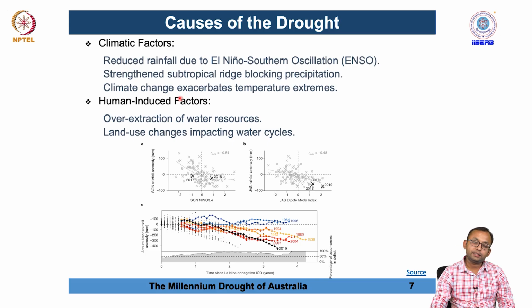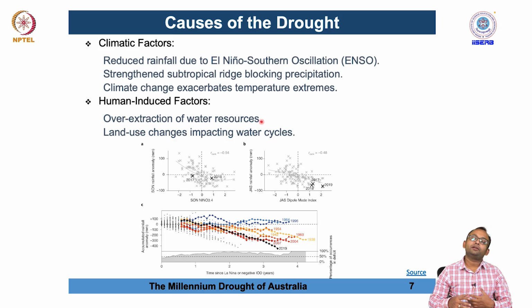Another factor is climate change, which exacerbates temperature extremes and significantly affects land and atmospheric coupling, and therefore we have also observed significant drought anomalies because of these different patterns. Another factor is human-induced: over-extraction of water resources and land use change impacting the water cycle.